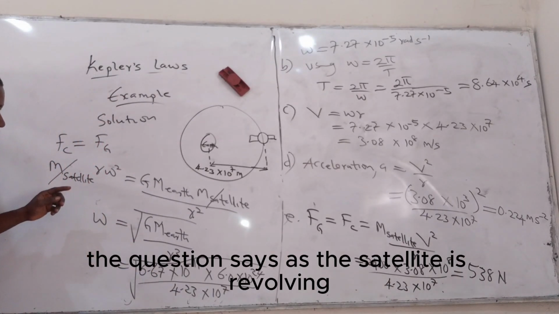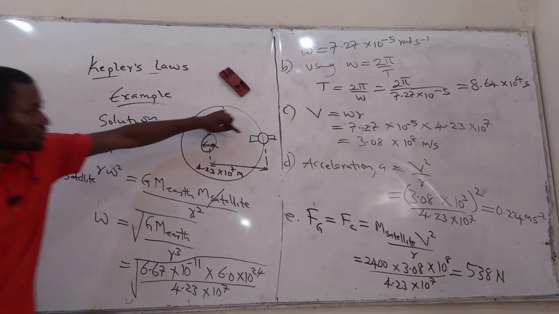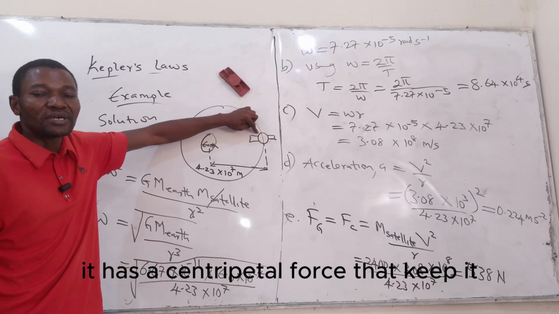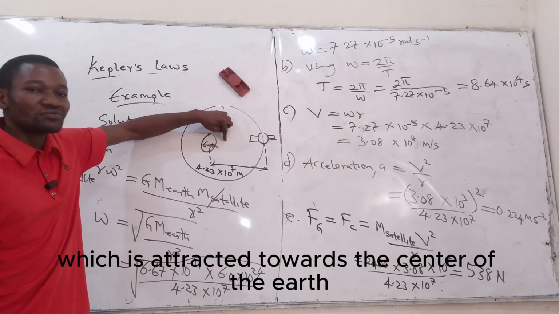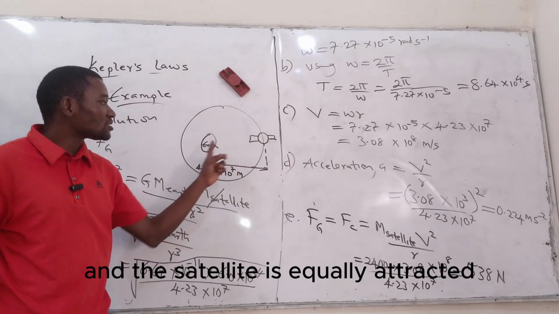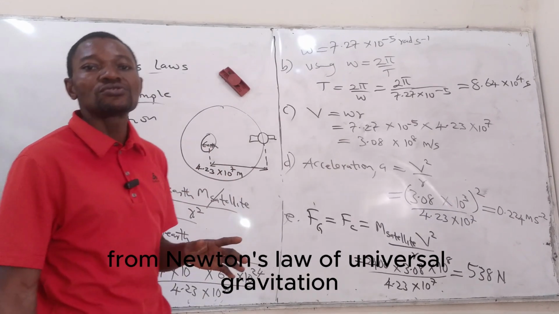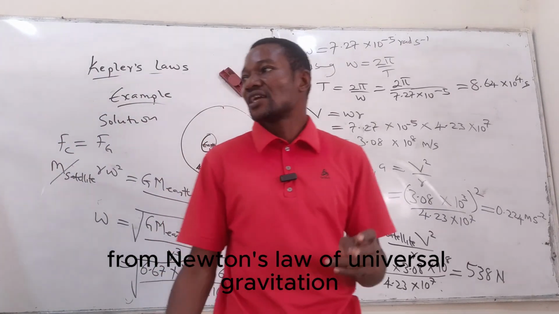As the satellite is revolving, it has a centripetal force that keeps it attracted towards the center of the Earth. And the satellite is equally attracted towards the Earth by a gravitational force from Newton's law of universal gravitation.